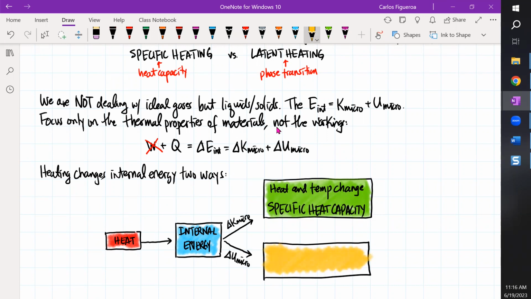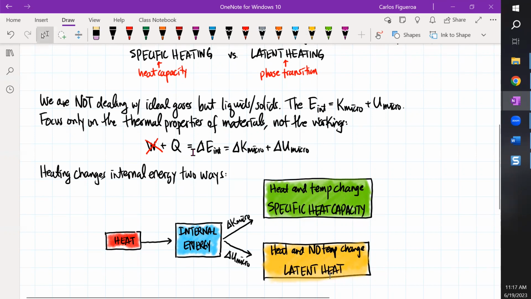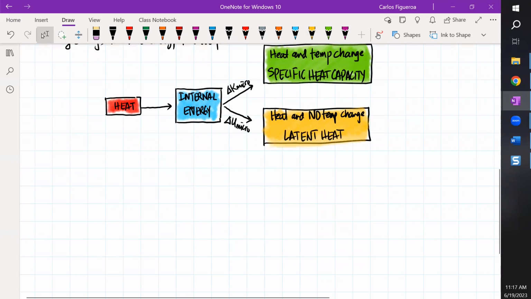In the yellow box will be when we change potential energy. In this case, we have heat and no temperature change, and this is what we call latent heat. We have to deal with both of these situations. In this lecture, we're going to deal only with specific heat capacity and temperature change.